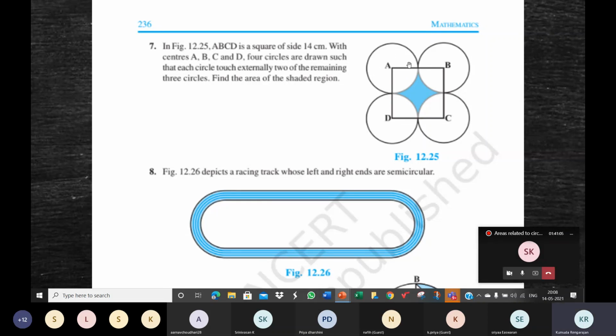The area of each major sector will be 270 by 360 into pi r square, where radius is 7 centimeters. Multiply that answer by 4. For all the 4 sectors plus the area of the square will give us the area of the full region if the entire thing was shaded.